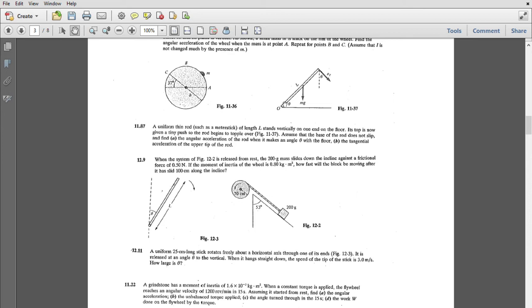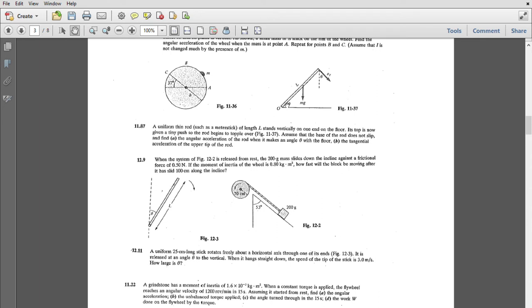So W net by external is equal to 0. That's equal to delta KE plus delta PE. Delta KE is going to be 1/2 I omega final squared minus 1/2 I omega initial squared. Omega initial is 0. The I is, if I remember correctly, for a rod pivoted around one end, 1/3 ml squared.